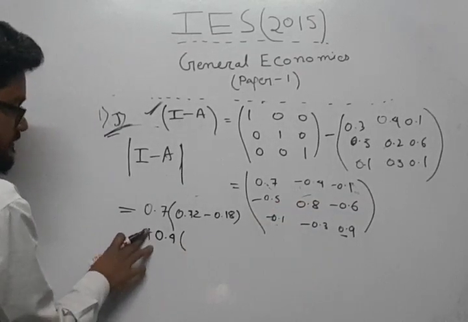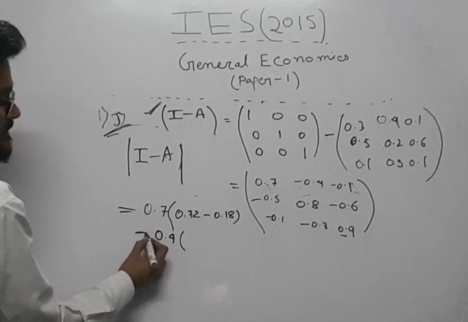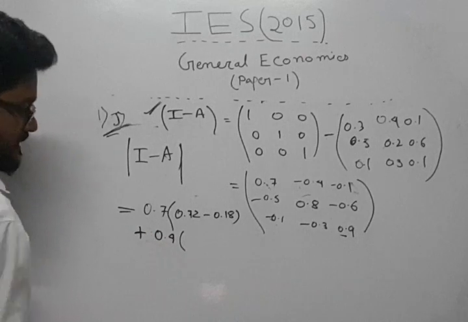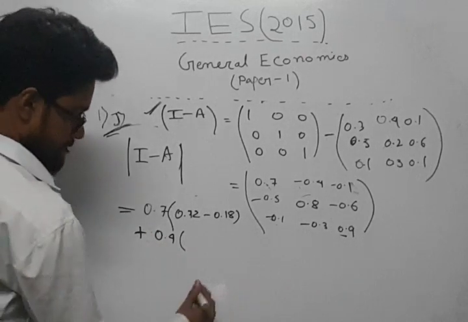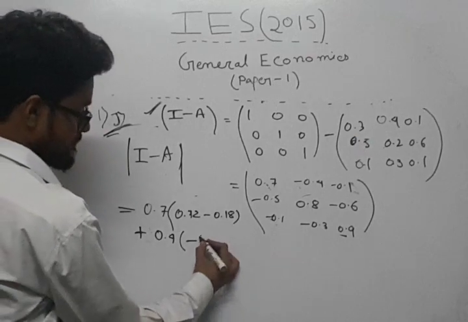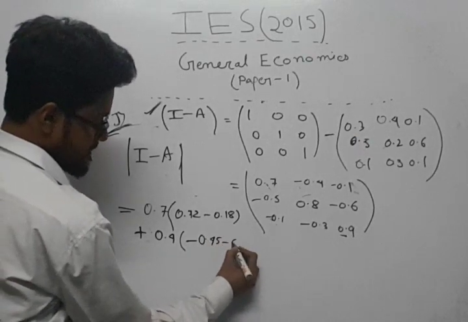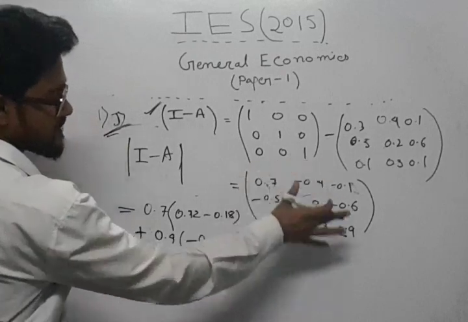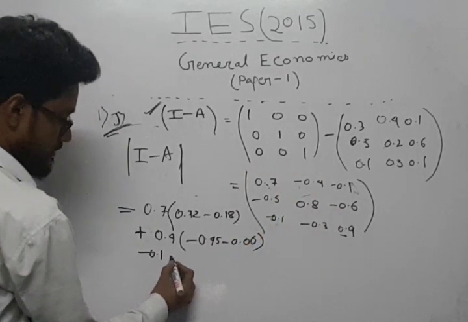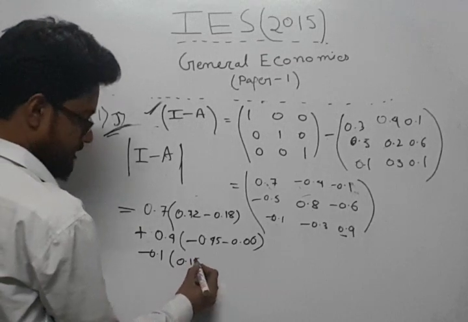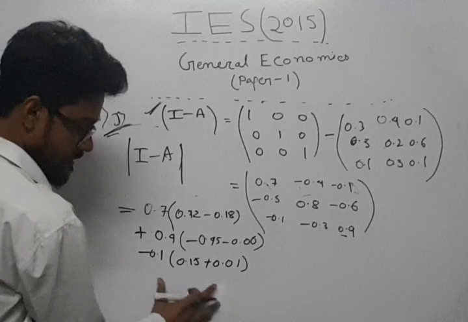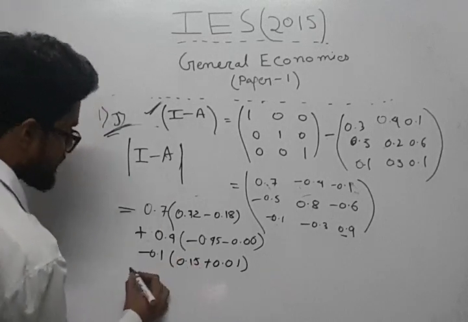As there is a minus 0.4, it will become plus. Minus 0.45 minus 0.06. If you solve this the same way, it will be minus 0.1, 0.15 plus 0.01.